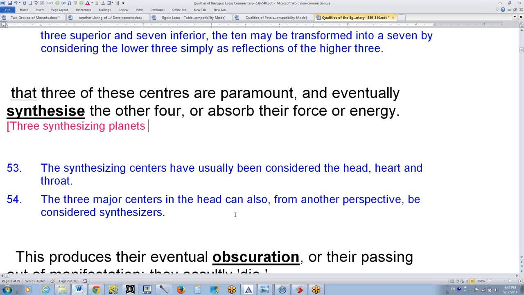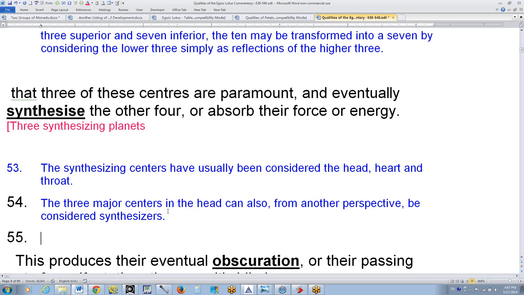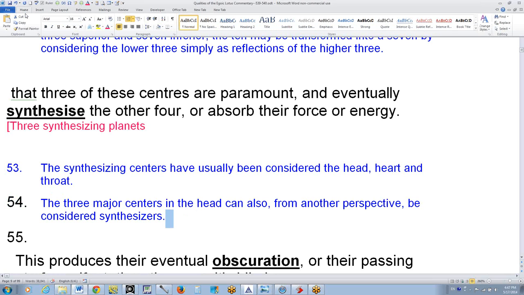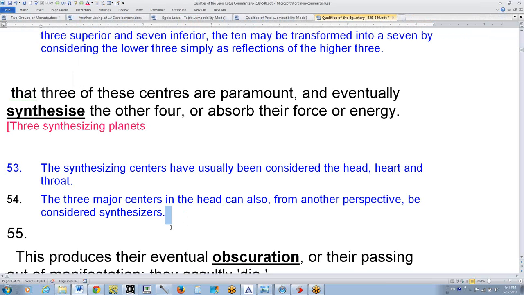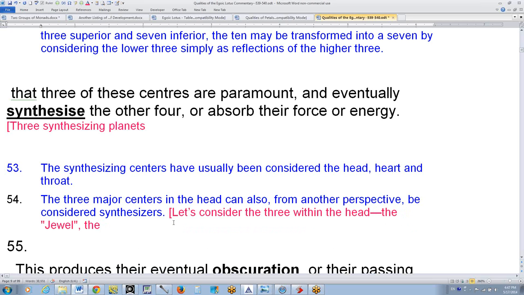And finally, let's not forget, in a way, the three within the head, the jewel, the greater 12 within the head, and the other 960 petals.